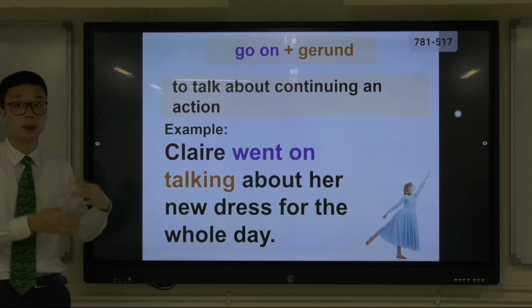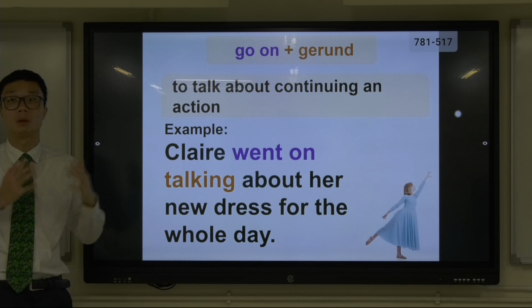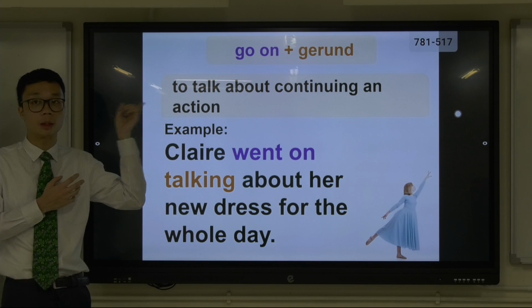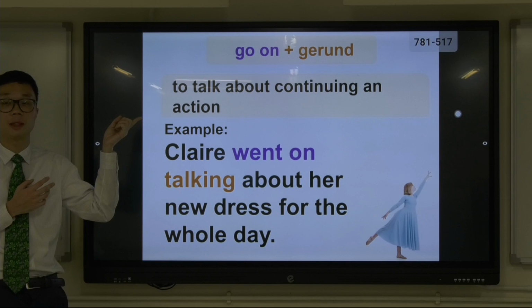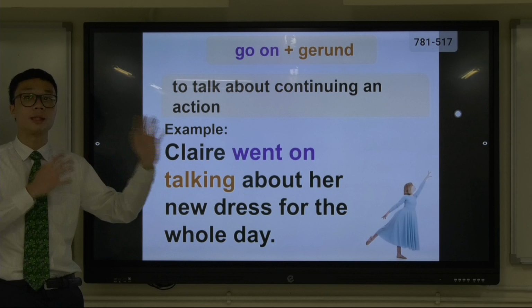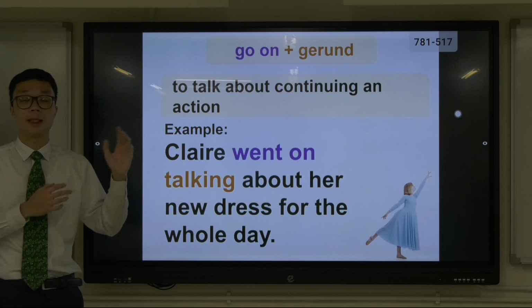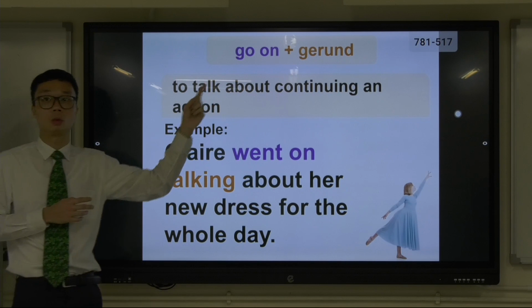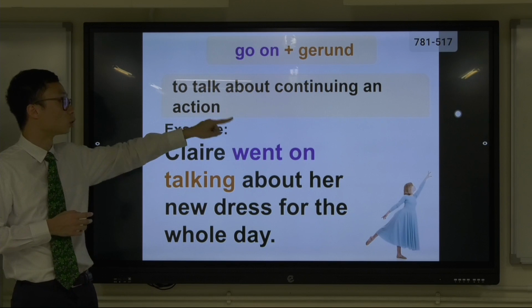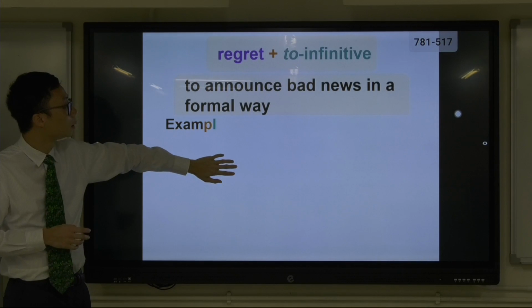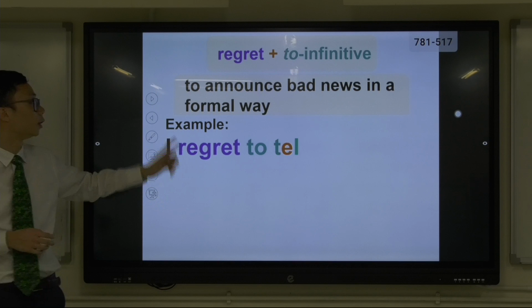It means you continue doing it, instead of one thing finishing and then doing another thing. When you say go on and then to infinitive, it means you finish one thing and then do another. Go on with a gerund is when you keep doing the same action continuously. Right.